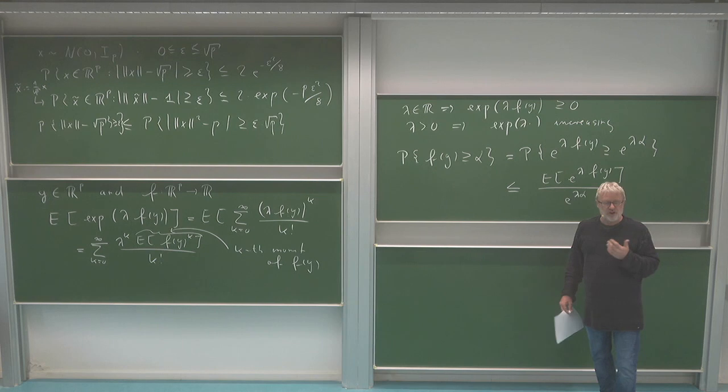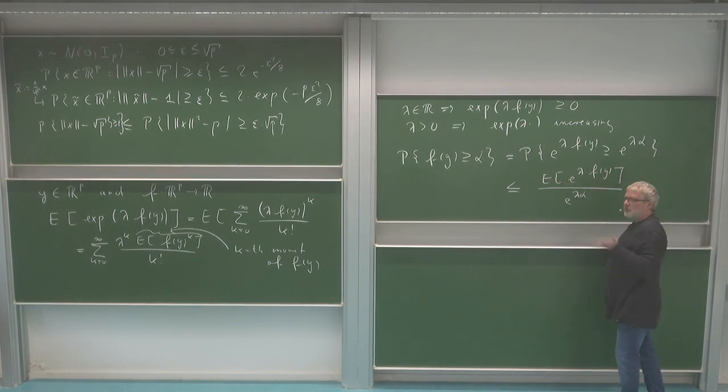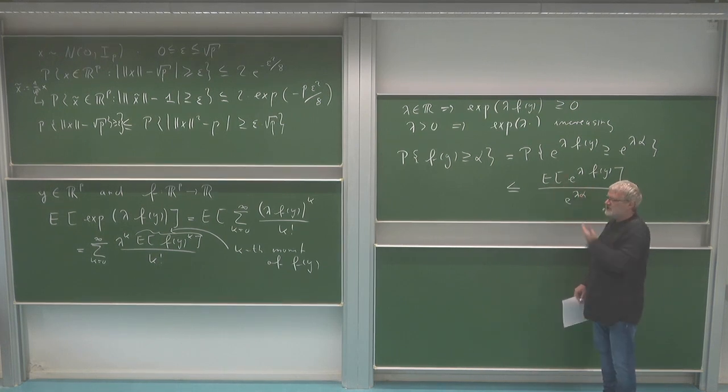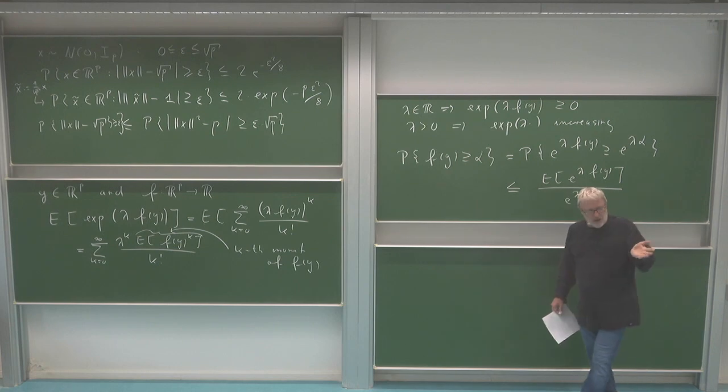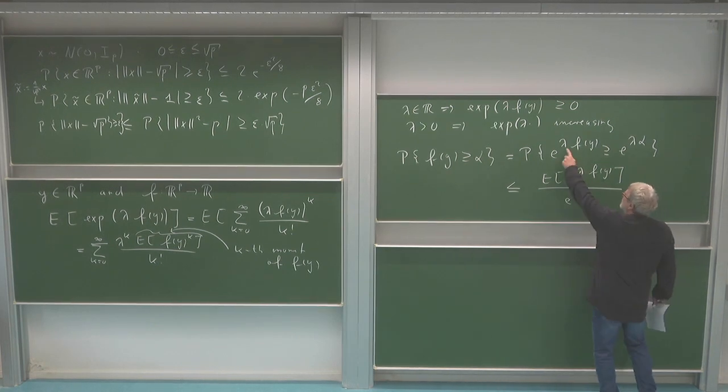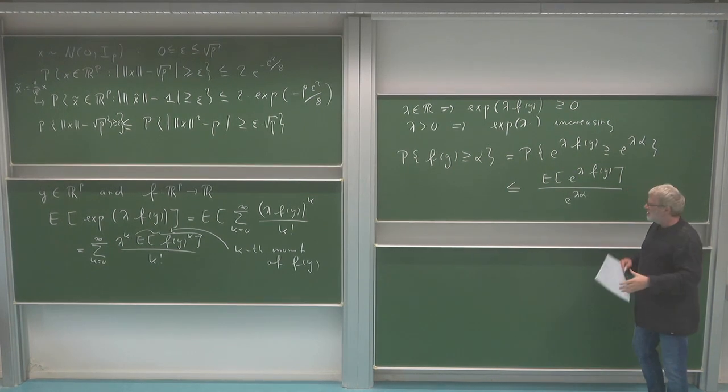Okay, so I'm free to choose the lambda, and of course I'm choosing the lambda where this side is the smallest one. Or I can take the infimum over this side. This side doesn't depend on lambda. Lambda was an arbitrary parameter which I have put in here to give me some freedom.